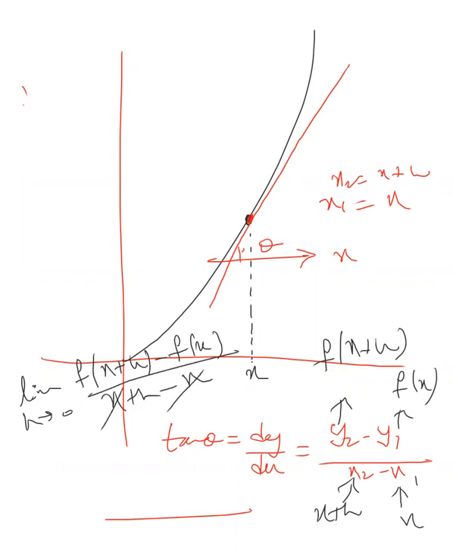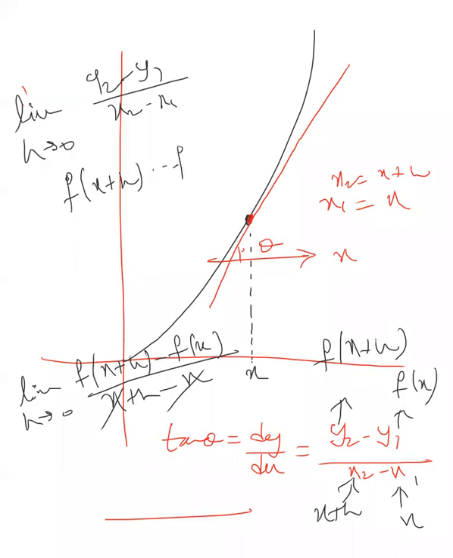Understand? Limit h tends to 0, y2 minus y1 by x2 minus x1. Do you understand this? This will cancel and this becomes one formula.